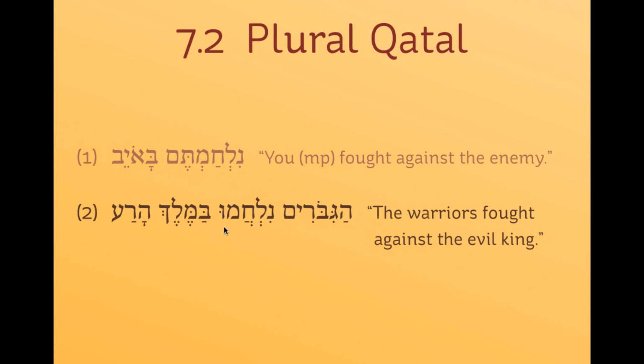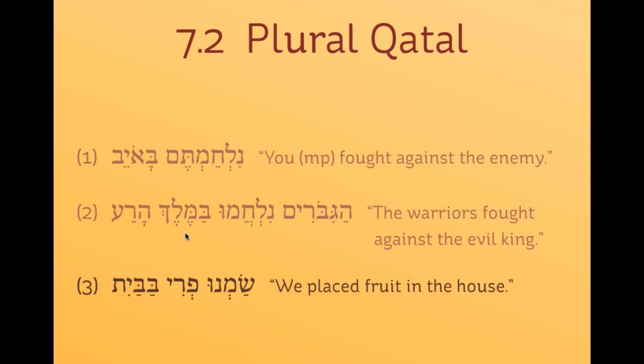For this one, it's they did it, and it could be men or women. If there is an explicit subject, then you grab that in your translation rather than the pronoun. So you translate this, the warriors fought against. You don't translate both of them. You don't say, the warriors they fought against.